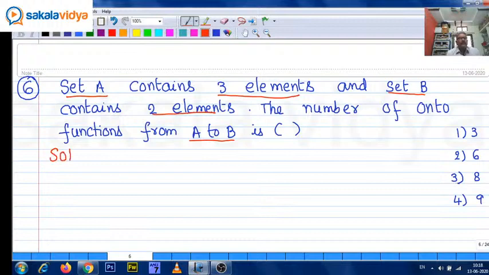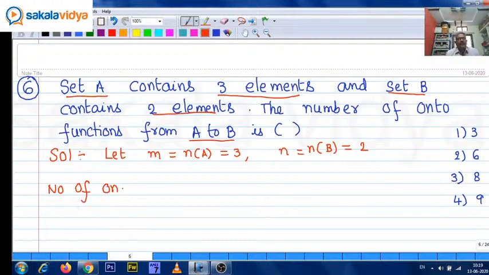Okay. Let us say m equals n(A), whose value is m, and n equals n(B), whose value is 2. Now the number of onto functions, right?